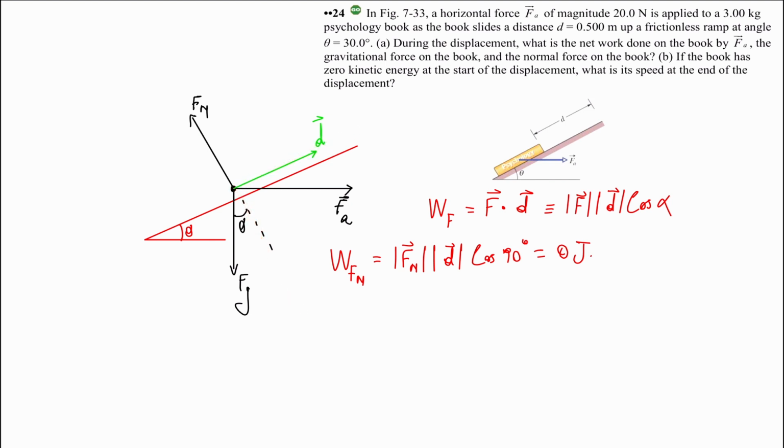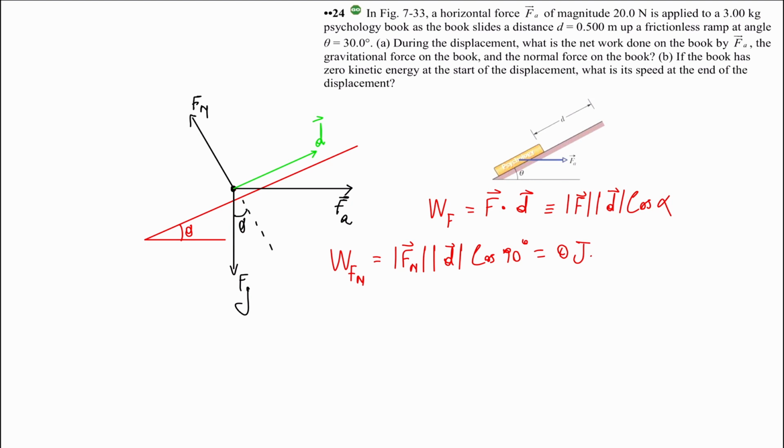So this angle here is going to be 90. But the angle here is theta. So the angle from the force of gravity all the way to the displacement vector is theta plus 90. And we know that theta is equal to 30 degrees, so that should be 120 degrees. The angle separating the two is 120 degrees.